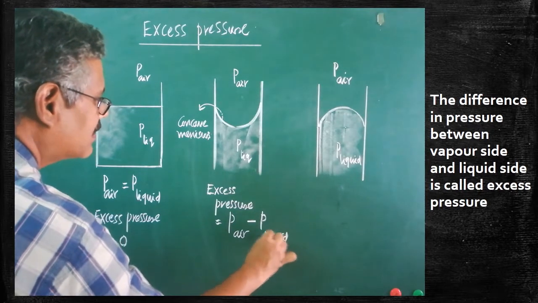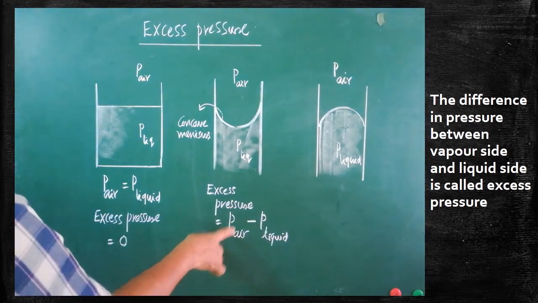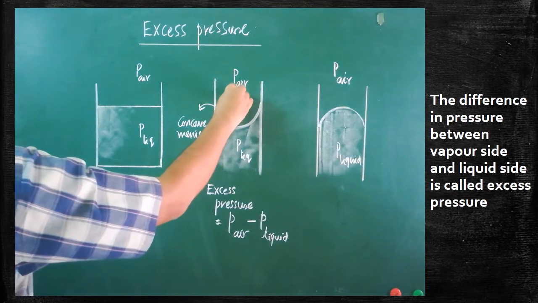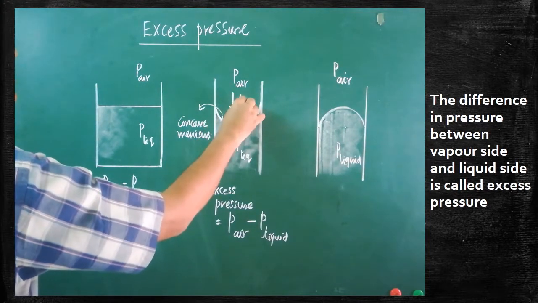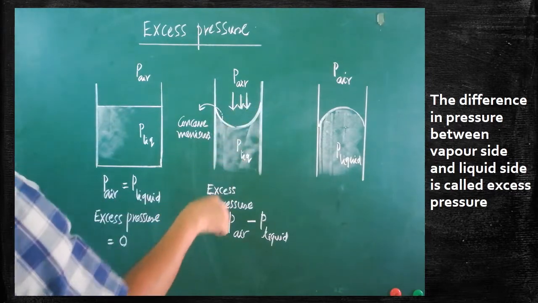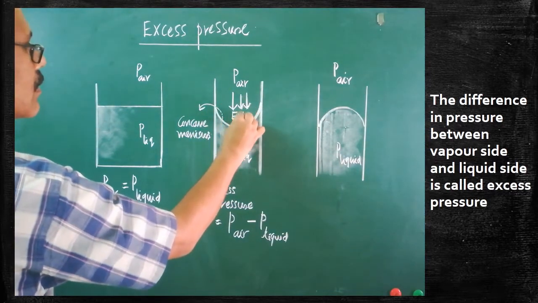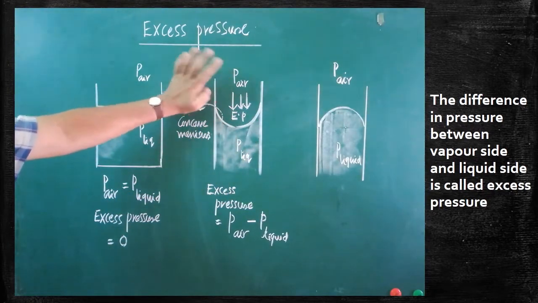That difference gives you the excess pressure. Pressure due to air is more, pressure due to liquid is less. Therefore, the excess pressure is acting in this direction. Make a note. This is the direction of the excess pressure.